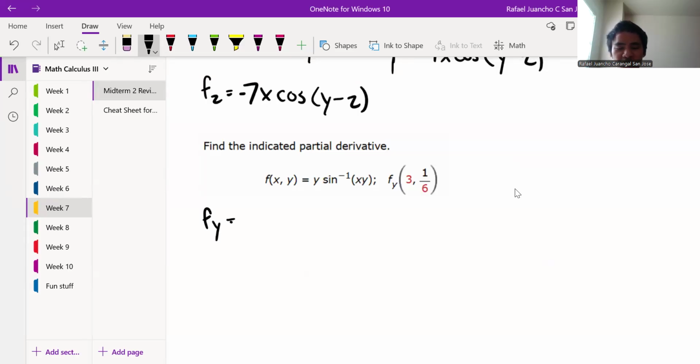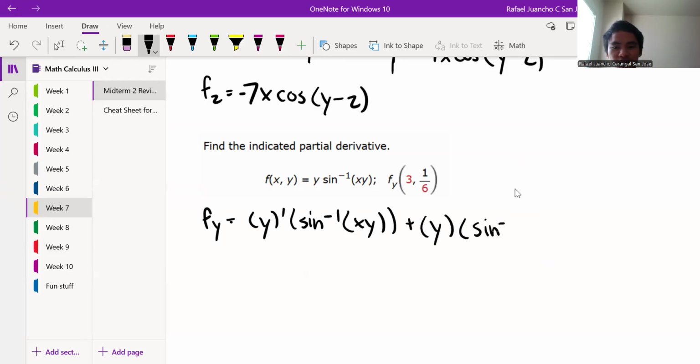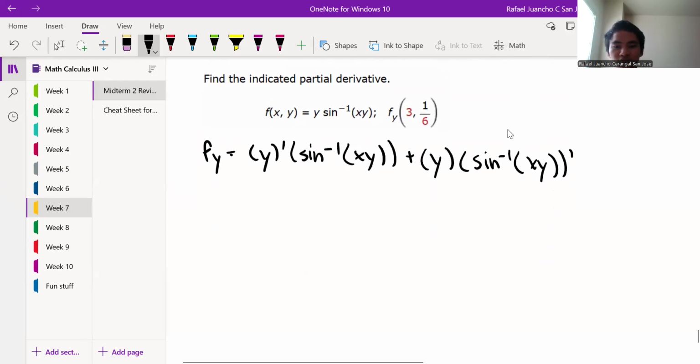Here we treat y as a variable. So x is a number here. So the derivative of this thing, well, we just do some chain rule here, or product rule, I mean. So product rule, just setting it up. Right?